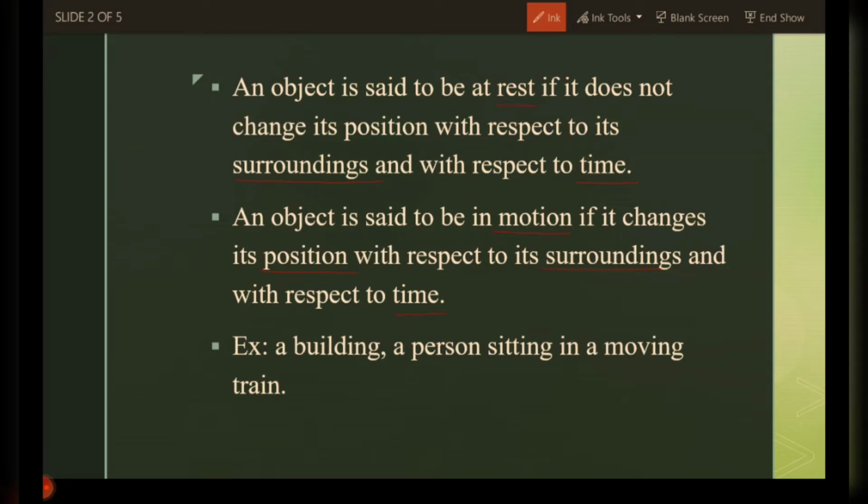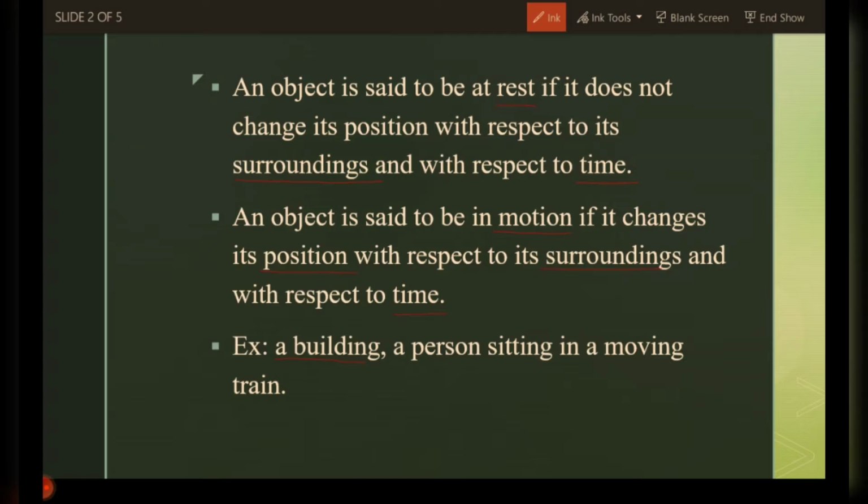So for example, consider a building. We are observing a building. We will be standing next to it, and it looks like it is at rest, okay? In the sense we are the observer, and for us it looks like it is at rest.